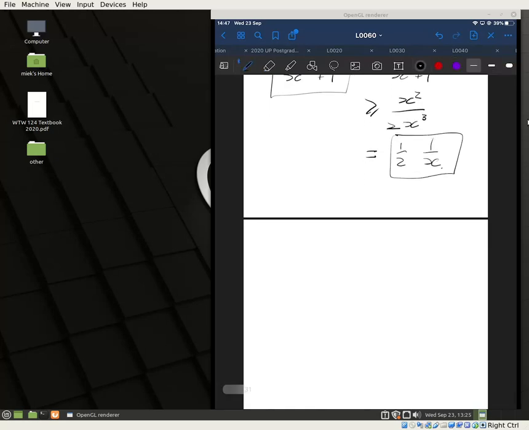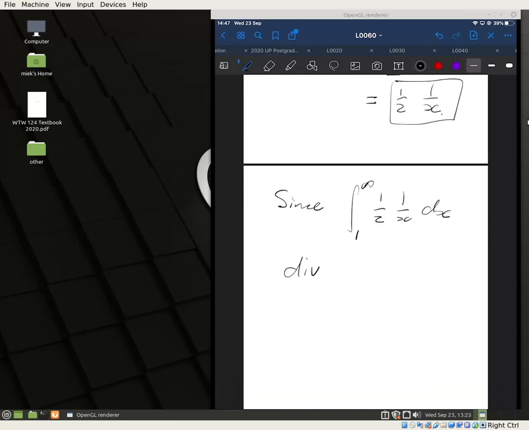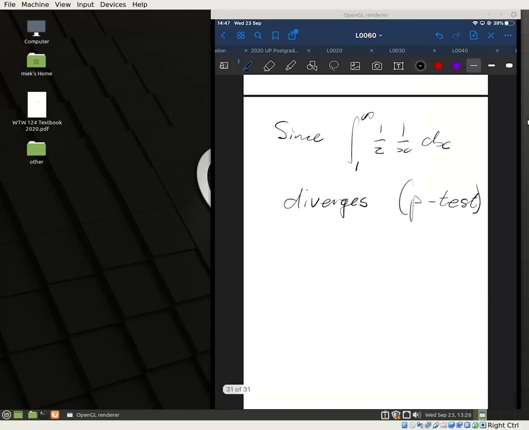Since the integral from 1 to infinity of a half times 1 over x dx diverges, why does it diverge? Because of the p-test. Our exponent here is 1, so that is one of the cases that diverges.